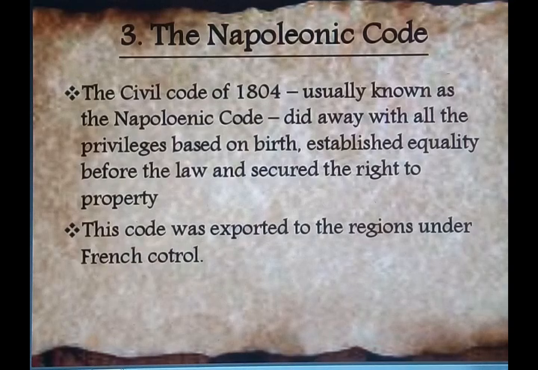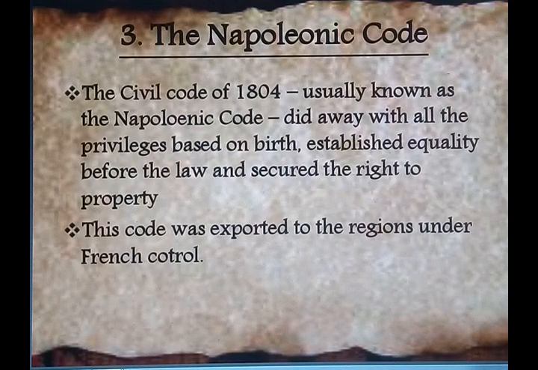When there were three estates, three groups in France, the first and the second estate always assumed that they were above the law. But Napoleon Bonaparte introduced equality before the law and secured the right to property.